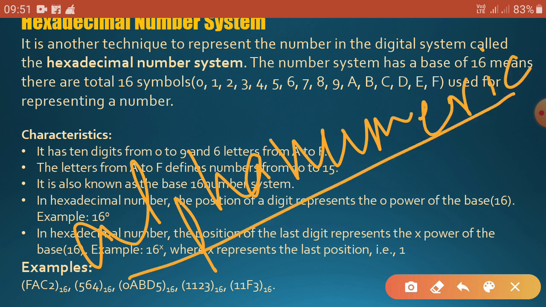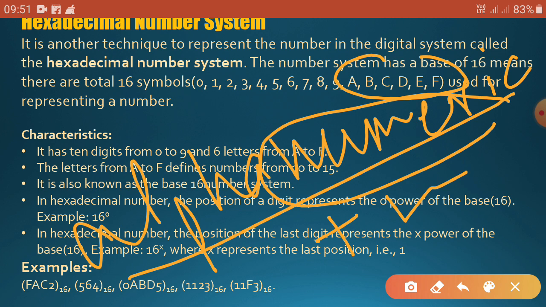So what do you mean by alphanumeric number? Alphanumeric number means alphabets plus numerical values. Alphabets means A, B, C, D, E, F, and numeric values are 1, 2, 3, 4, 5, 6, 7, 8. So in this hexadecimal number system we can write alphanumerical values.